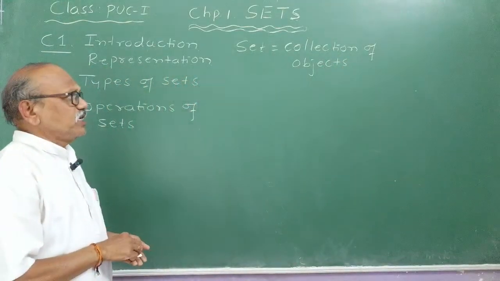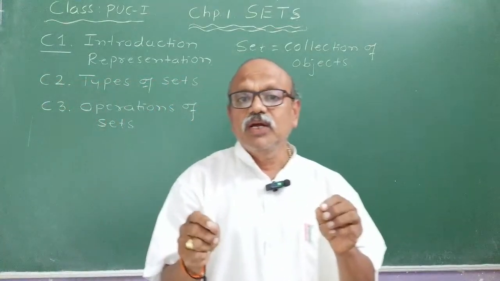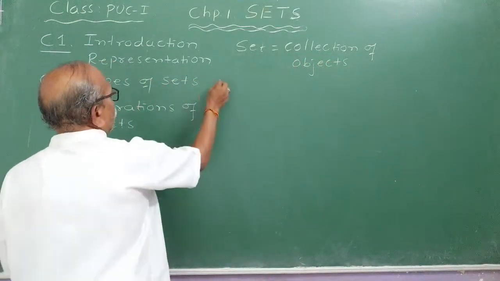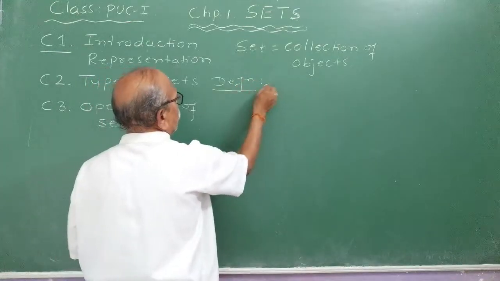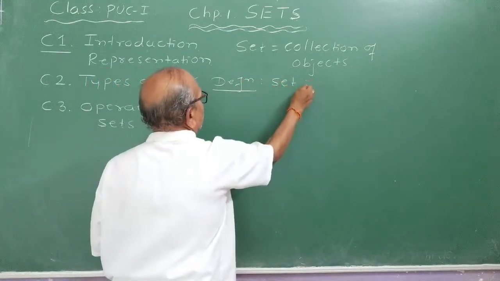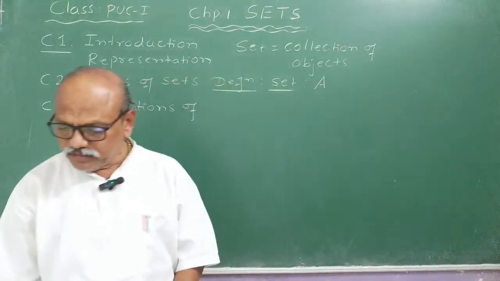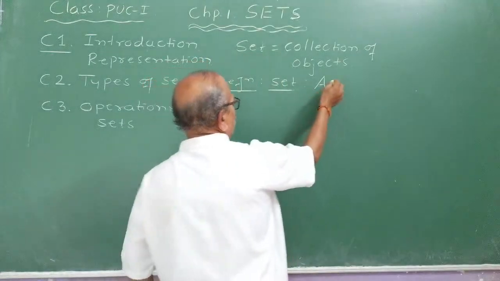Suppose that you want to define a set. A set is defined as a collection of well-defined objects. Let us write the definition. Definition of a set: you can open your notebook and pen and write important terms, theoretical concepts.